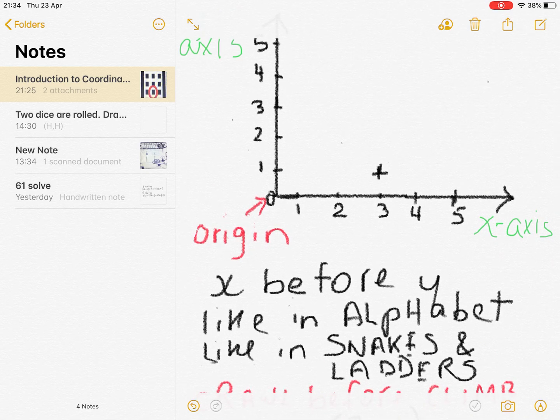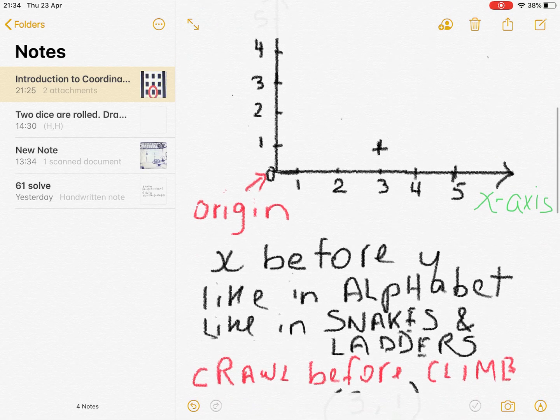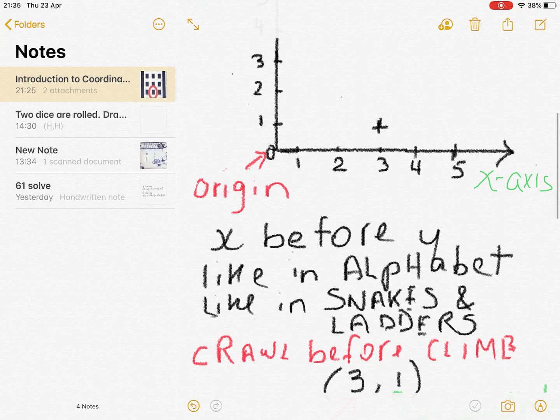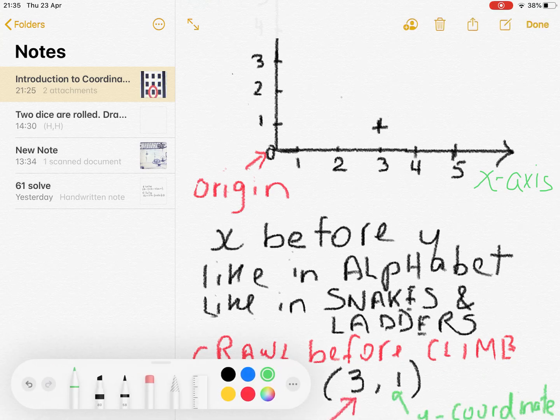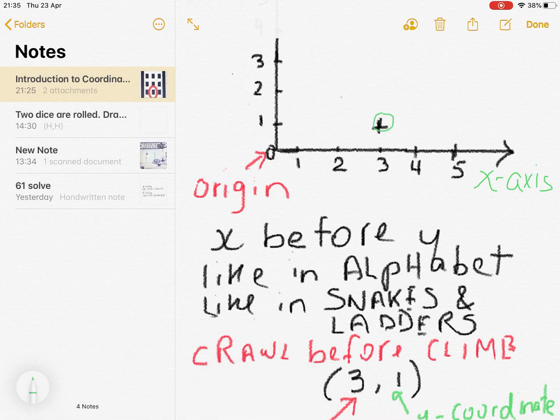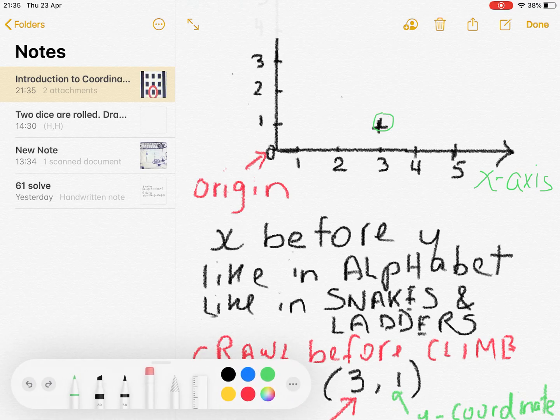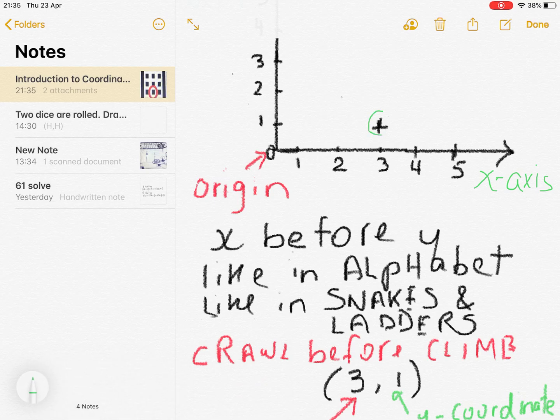Let's say that the fly is in the marked position. So, remember that we need to describe the horizontal movement first and then the vertical.